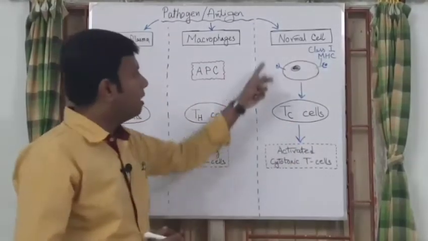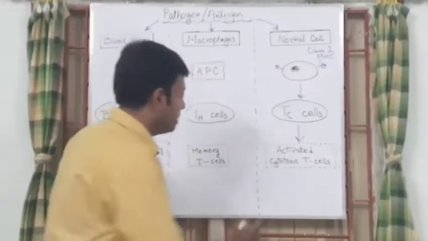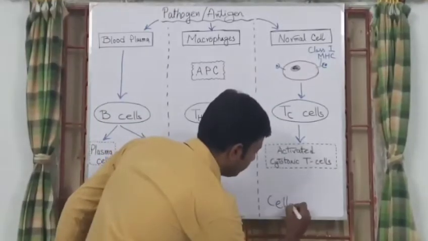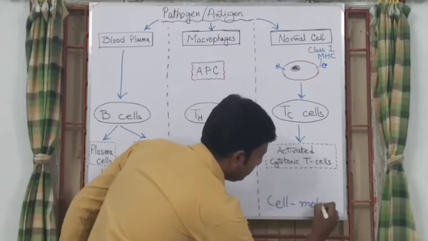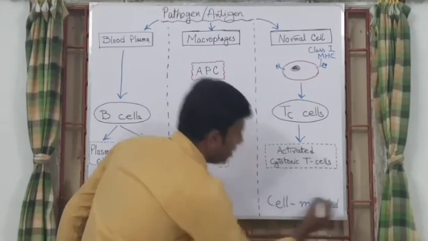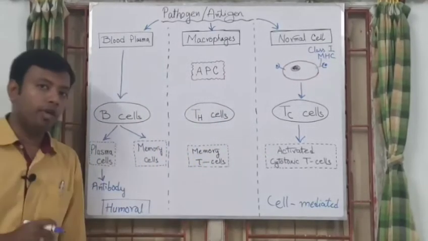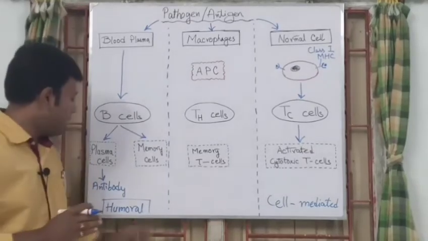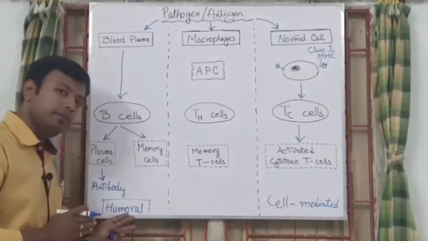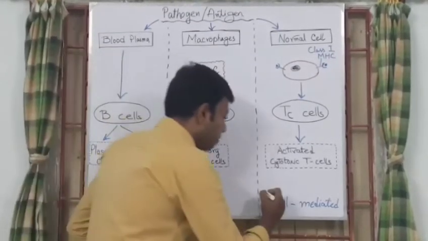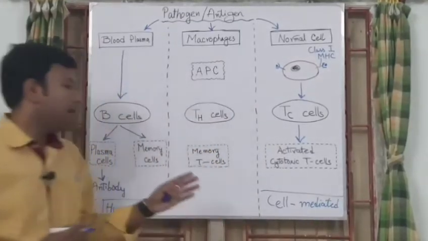So this third column represents the cell mediated immunity.